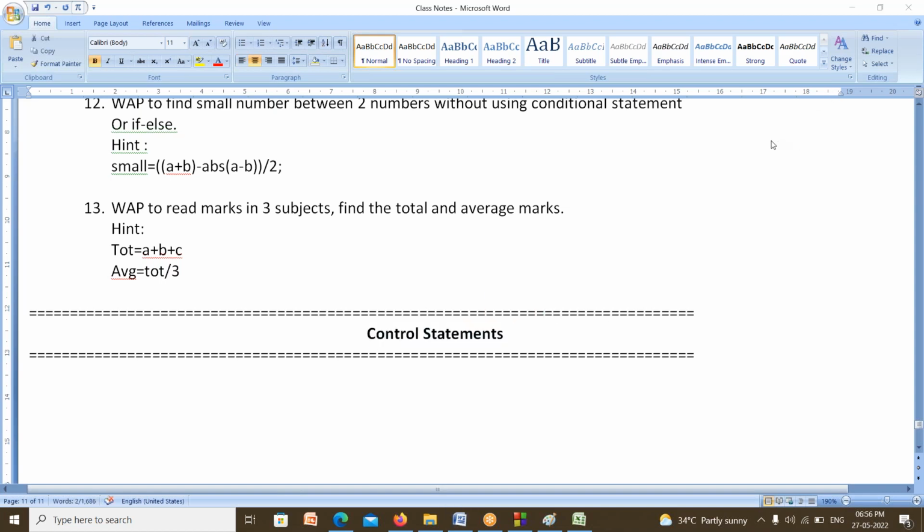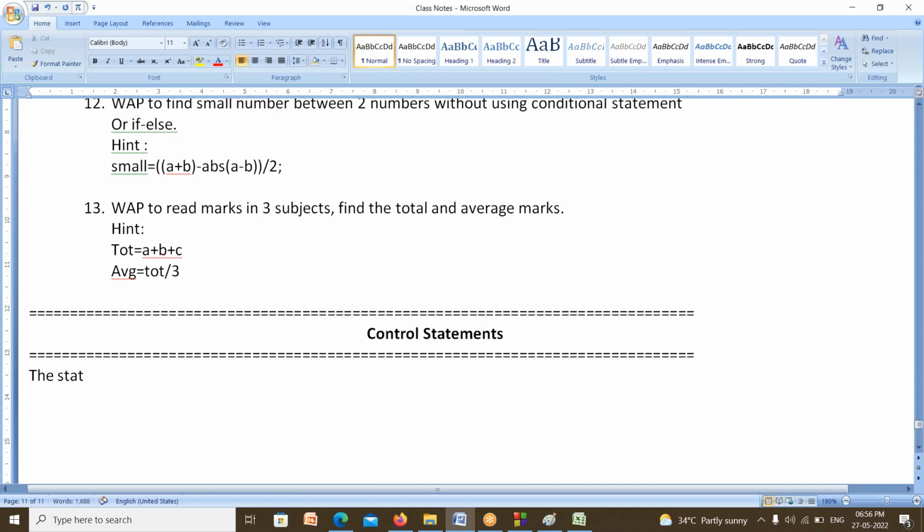The flow of execution, how the program will be executed: first which line, then which line, then which line. How your program will be executed, the flow of execution will be controlled by control statements.